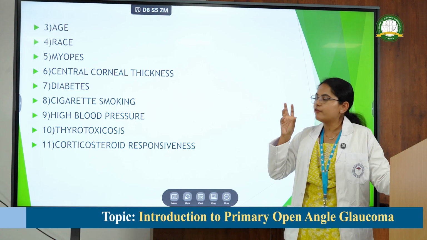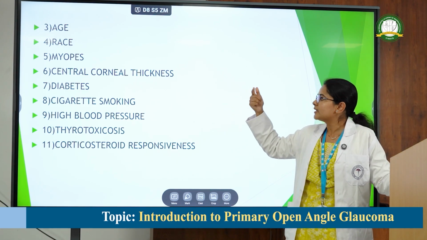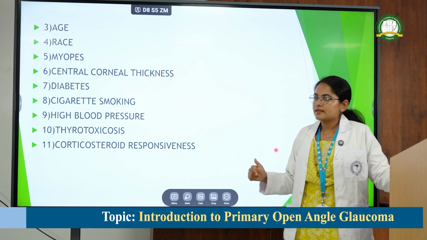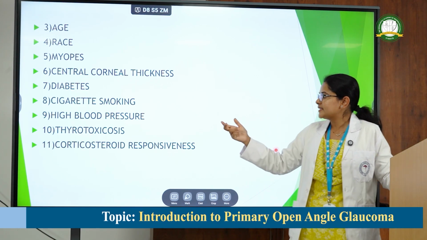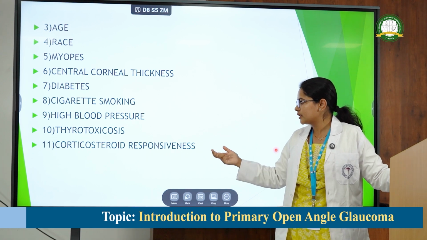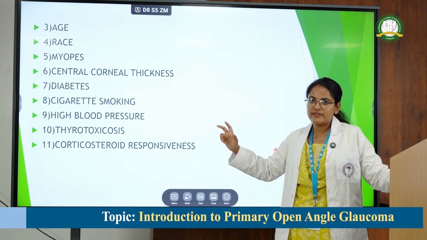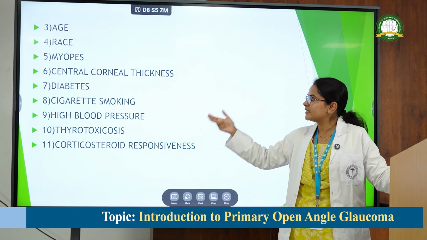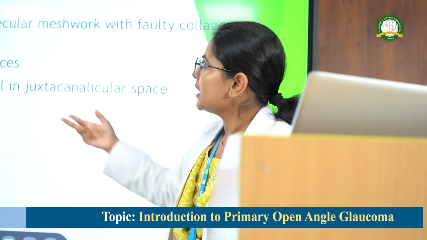So, falsely noted IOP will increase the risk of glaucoma. Diabetes. In diabetes, there will be high risk of glaucoma. Cigarette smoking, high blood pressure, thyrotoxicosis and corticosteroid responsiveness. All these are indirectly responsible for raised intraocular pressure. That's why these are risk factors for primary open angle glaucoma.